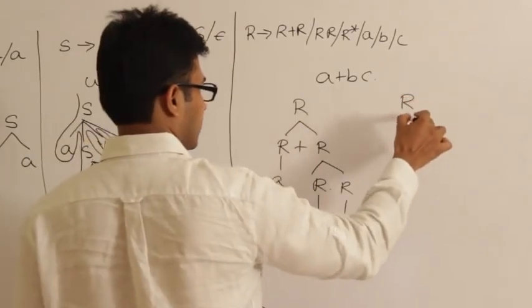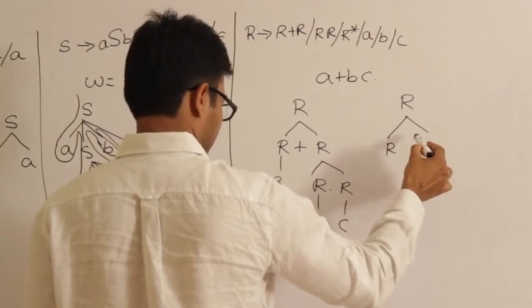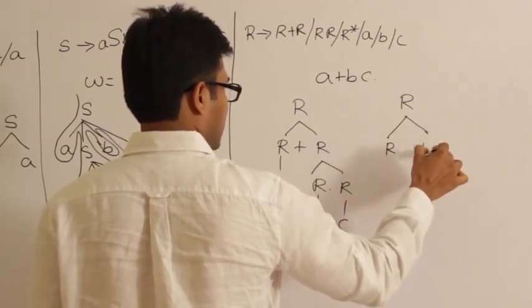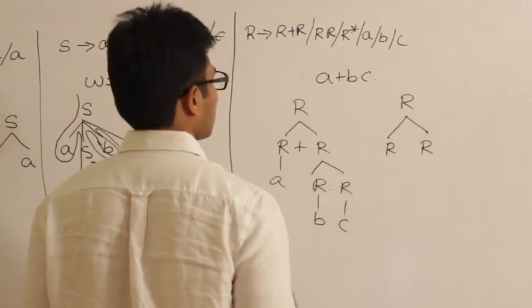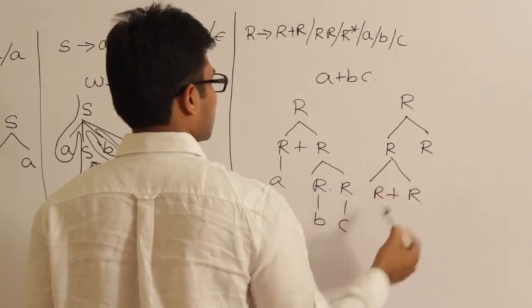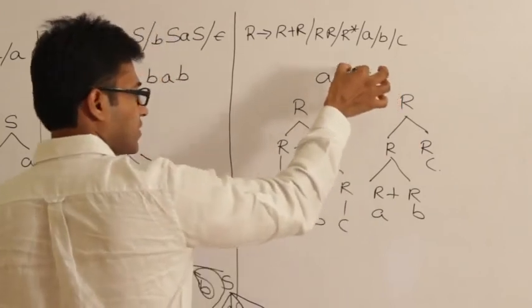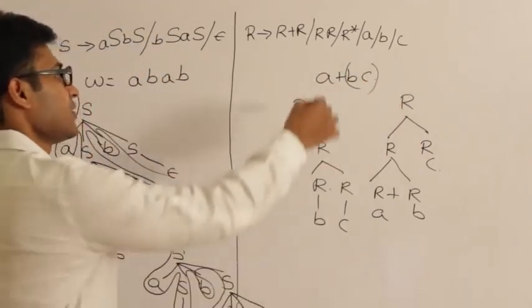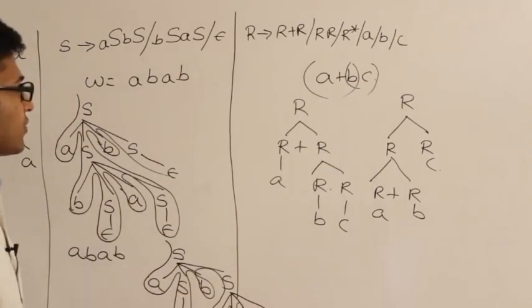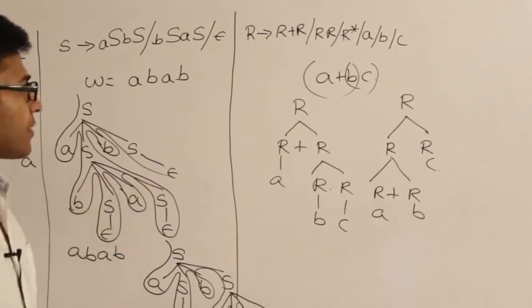And let us say one more, this is RR, and then this one is R plus R. Again it is A, B, C, which means one expression is computing B into C first, and in the other parse tree it is computing the other part first. However, we got two parse trees, therefore we can say that the grammar is ambiguous. Okay, so all the three grammars are ambiguous grammars.